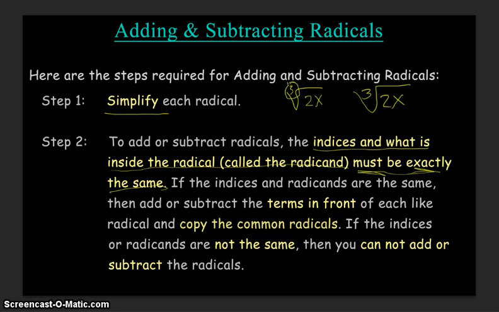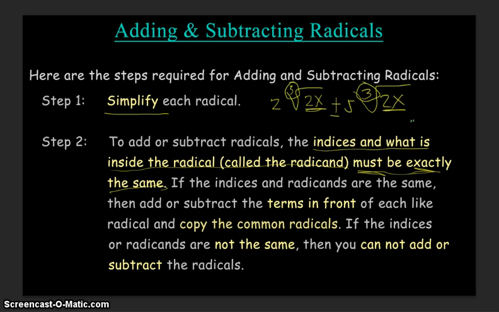Parehas ang indices, parehas ang radicand. Okay? So, ang i-add lang or subtract natin ay yung coefficient, yung number sa harapan ng radical sign.